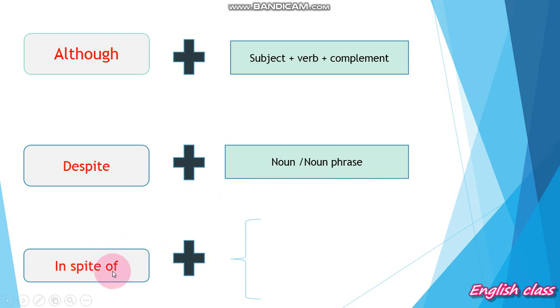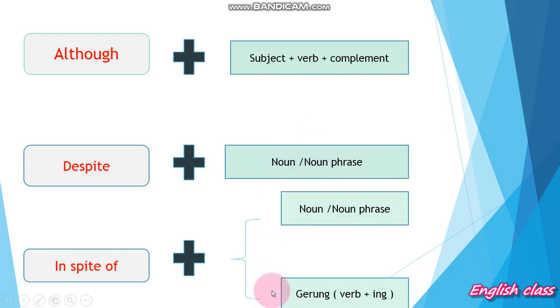What about in spite of? In spite of can be followed by two different structures. Do you remember what they are? Great. They can be followed by a noun or noun phrase, or also by a gerund. So in spite of his blindness, Taha Hussein became a famous writer. Or in spite of being blind, Taha Hussein became a famous writer. Great. Now let's practice this in a simple exercise.